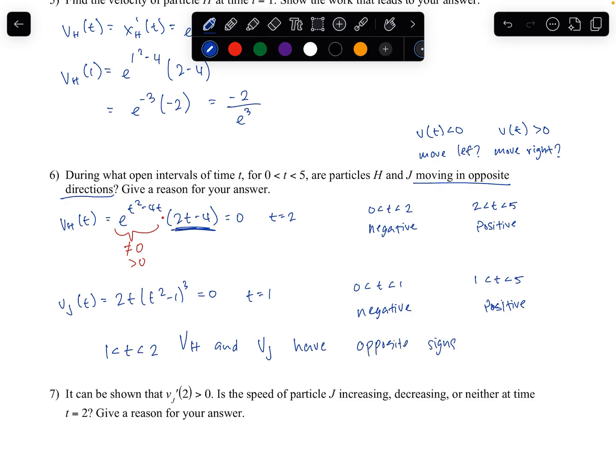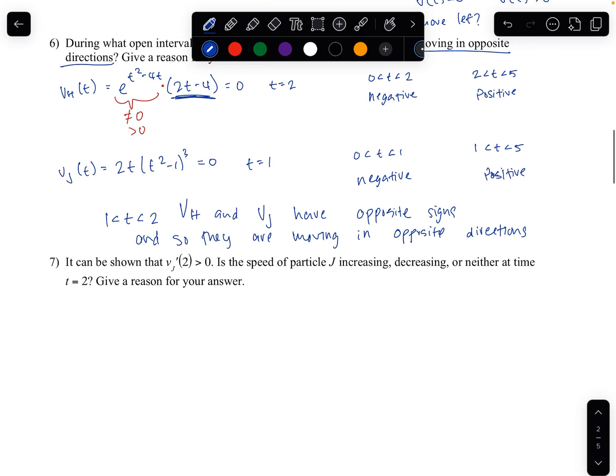They have opposite signs and therefore they are moving in opposite directions. And there you go. That will do it for that.